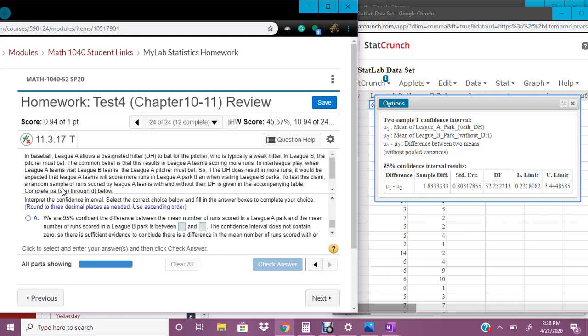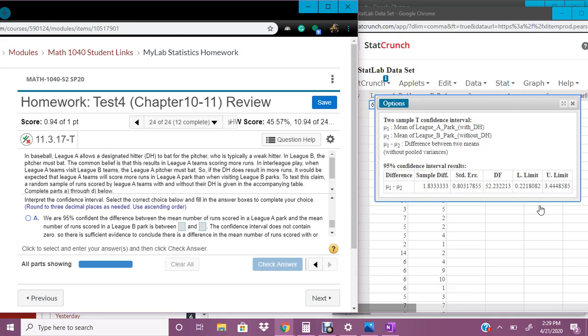And then what does it mean? So our confidence interval tells us it's an educated guess on what, in this case, our mean is going to be.